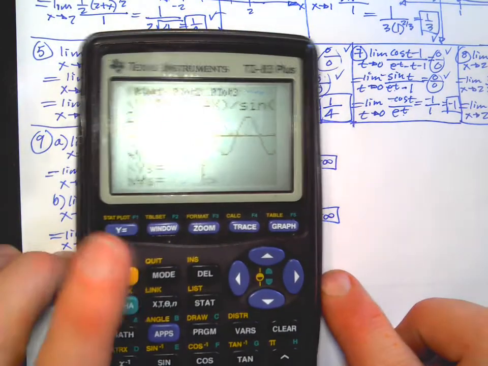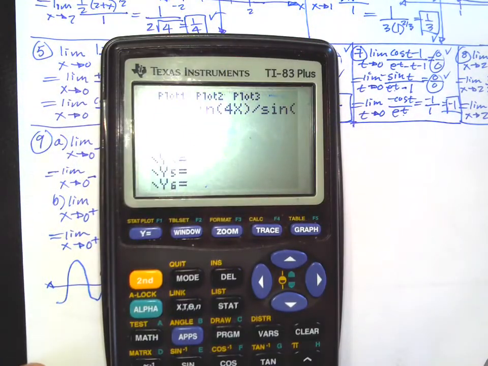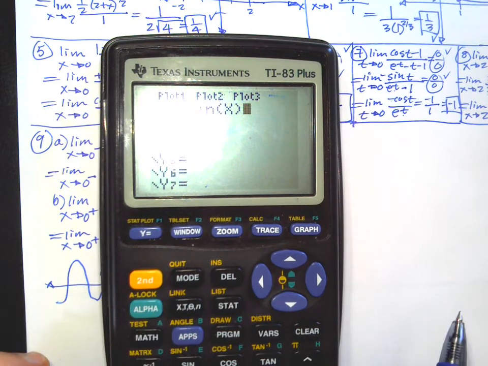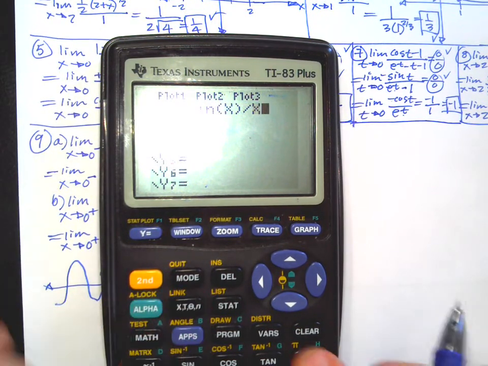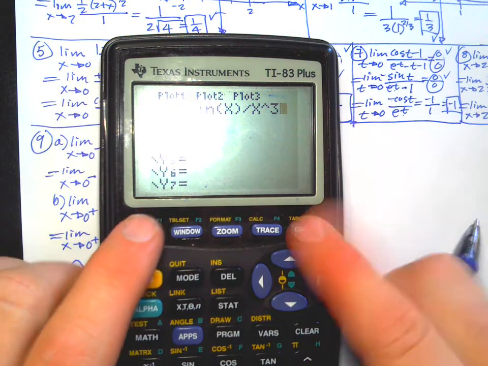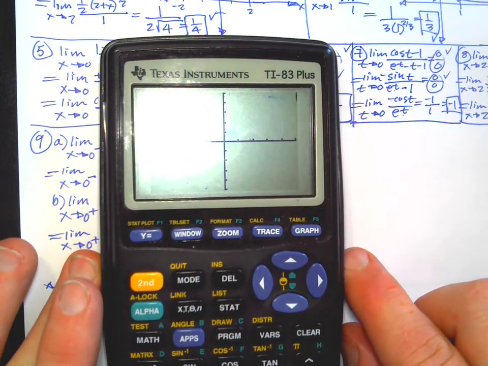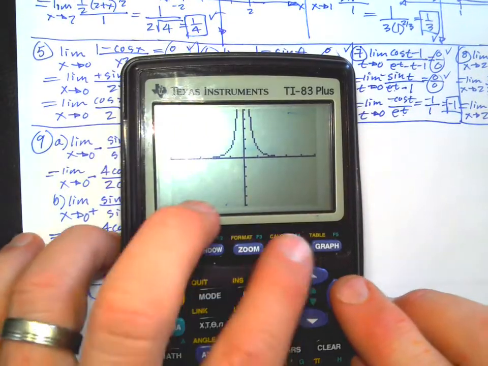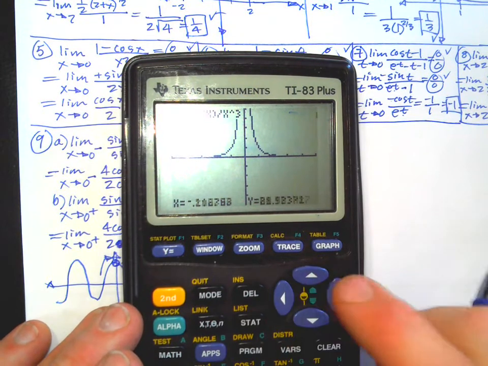So the graph, we're probably looking at some kind of vertical asymptote. So I'm going to go and graph this: sine x divided by x to the third. And boom, looks like a vertical asymptote there. If you go trace and we get closer and closer, at 0 there's nothing, right?